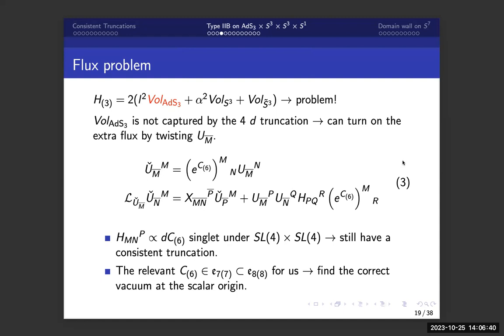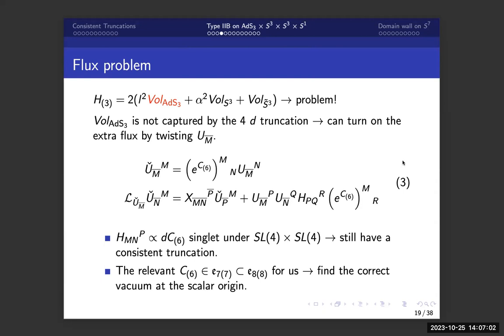The first term is essentially the old coefficients of the previous truncation, now multiplying the twisted frame. And the second term has these untwisted frames acting on some tensor, H_PQ. This tensor is essentially the 7-form flux embedded in E8 in a funky way.